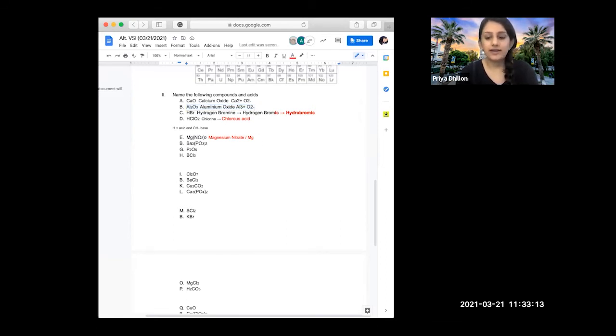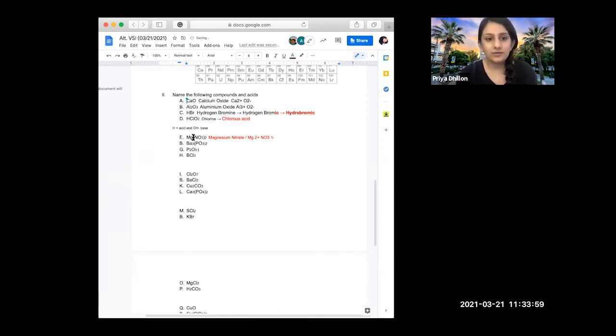Good job. And then basically the way we find 2 plus is you look at the charge right here because it has been cross-matched. And then you write NO3, and then you write the charge of NO3, which is 1 minus.